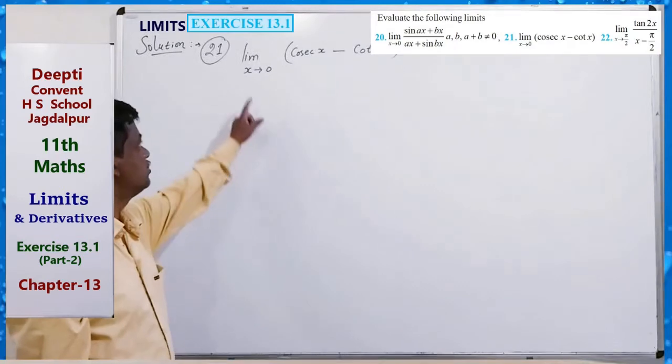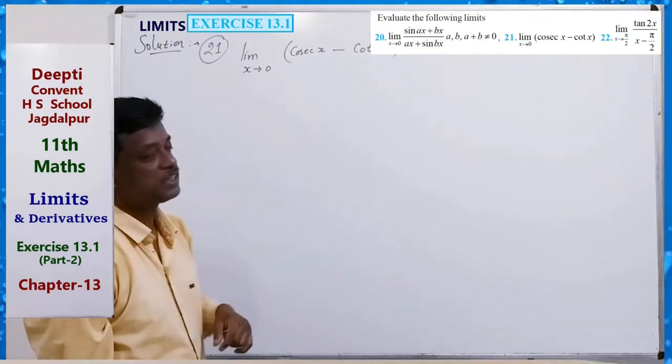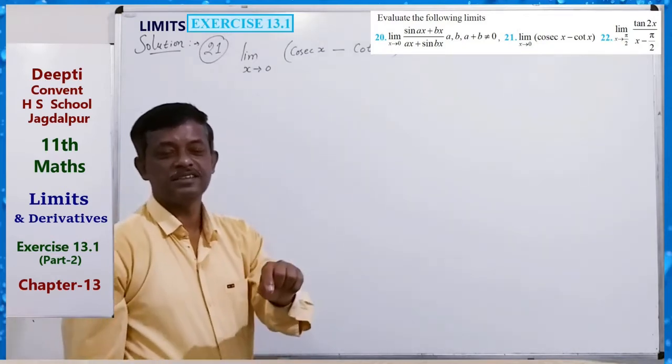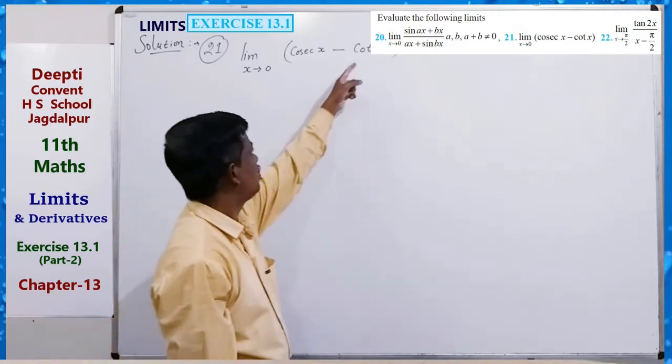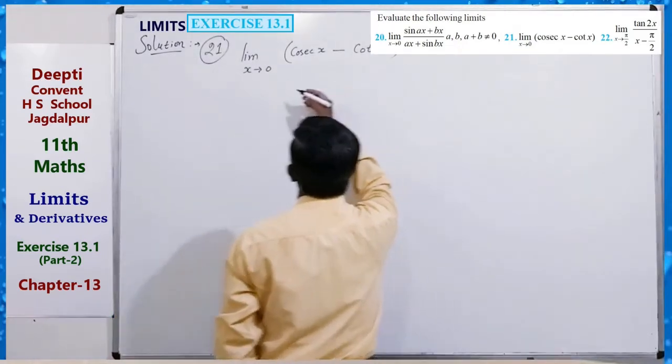X tending to 0 means cosec x, that is 1 by sin 0, 1 by 0, infinity. Cot x, cos by sin, that is also infinity.